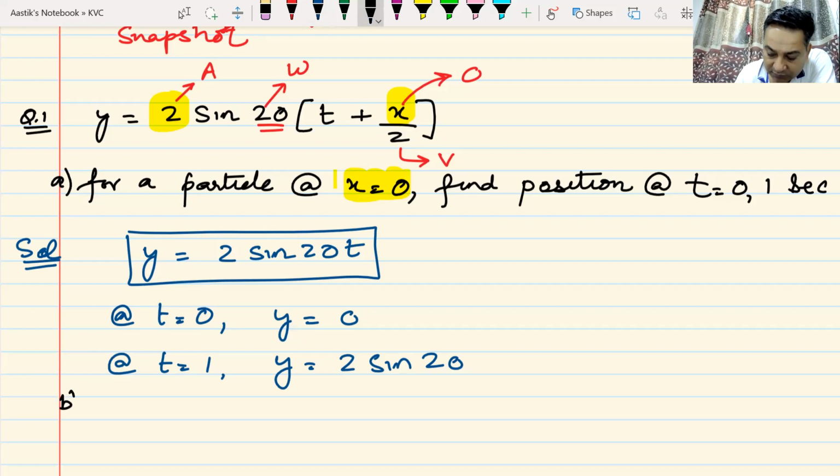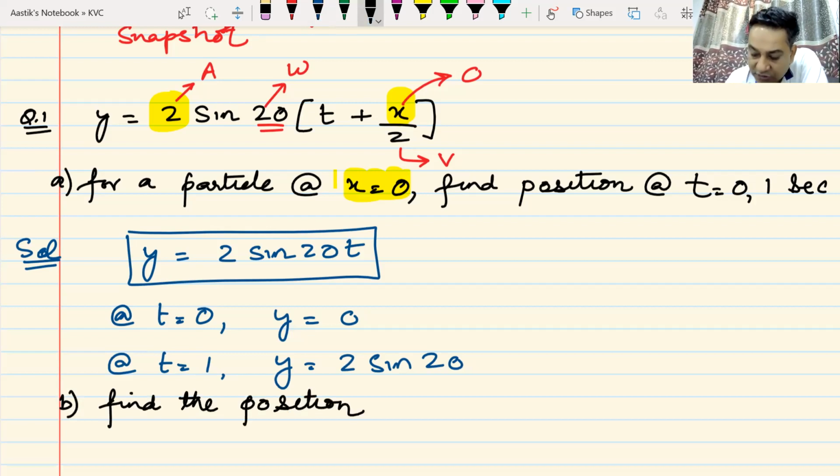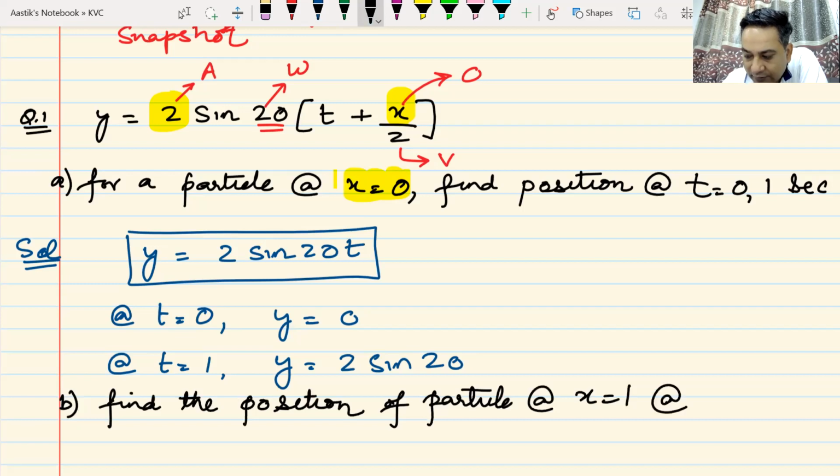Now, if I ask you another question, this is question number A. Now let me ask you question number B. Find the position of a particle at x is equal to 1 at time t is equal to 0 and a particle at x is equal to 2 at time t is equal to 0.